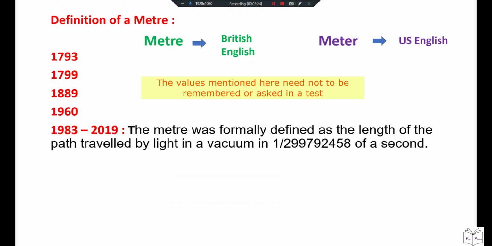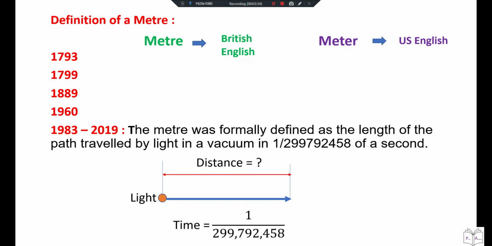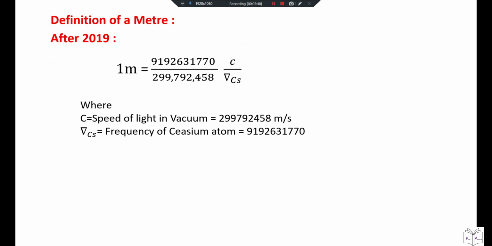To illustrate this, consider light as a particle, and when it travels for a time of this much of second, then the distance it covers is 1 meter. But after 2019, this definition has been revised, which is quite complex to understand as an 11th standard student. I gave this in a simple format here.